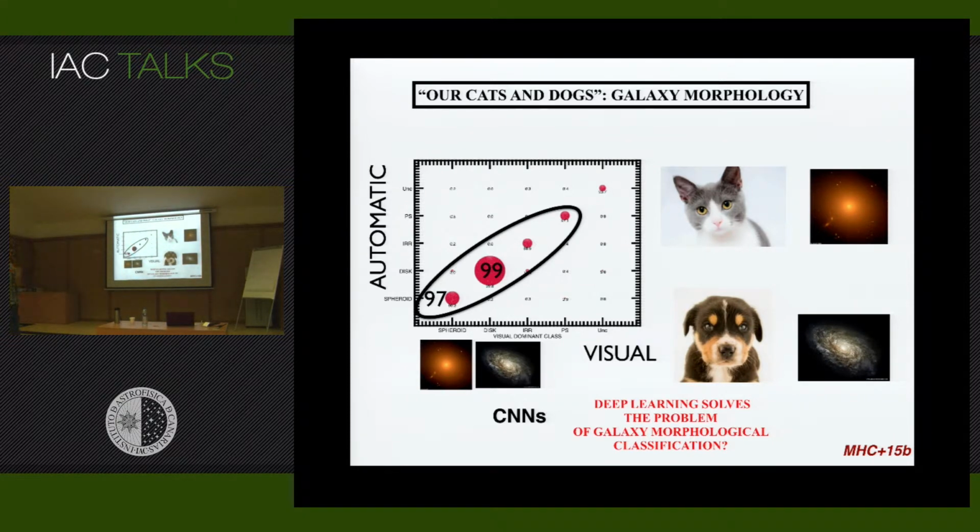And our cats and dogs for extragalactic astronomy is what we call galaxy morphology. For galaxy morphology, deep learning is extremely powerful. This is a 100-year-old problem in which we are trying to classify or put galaxies in boxes: elliptical, spirals, irregulars. And actually, this is from a paper I wrote a few years ago. But basically, what you see here is that the agreement that deep learning reaches with visual classification is extremely high, around 95% or something, classifying galaxies into different classes.